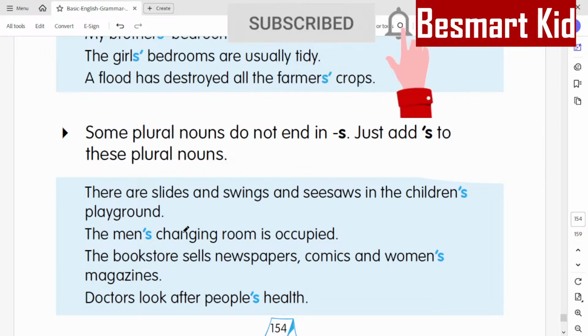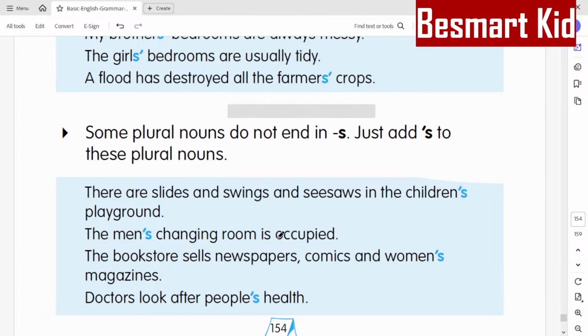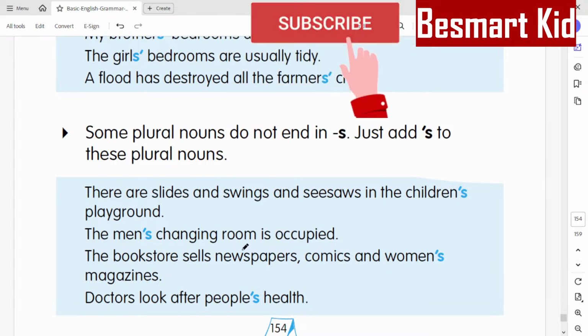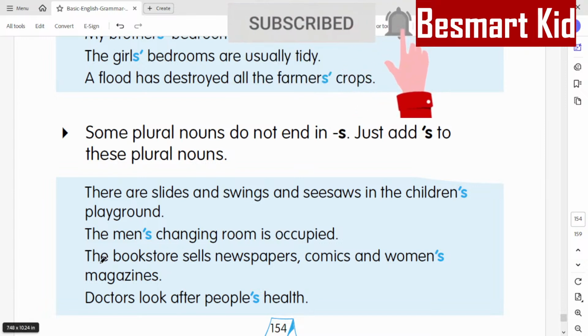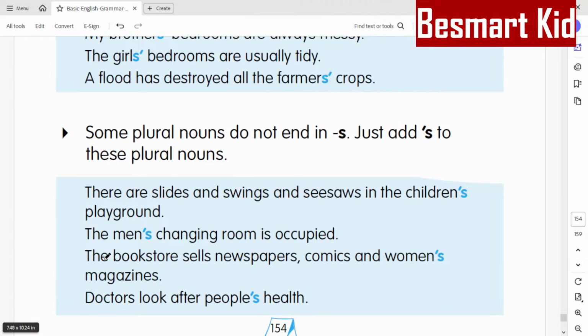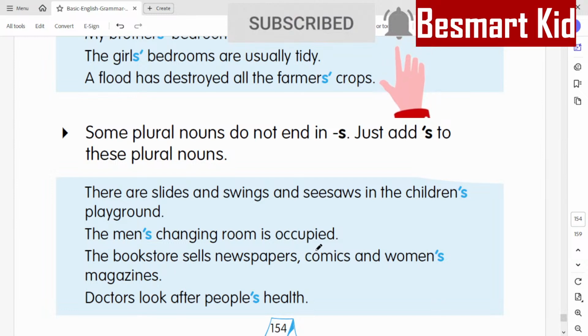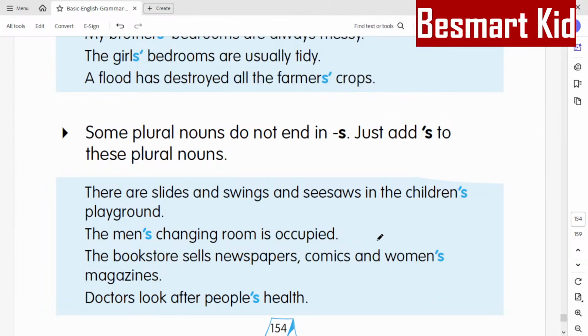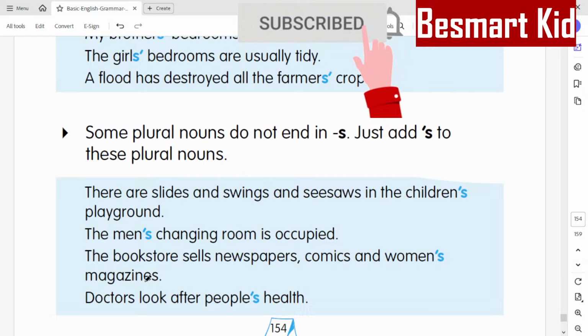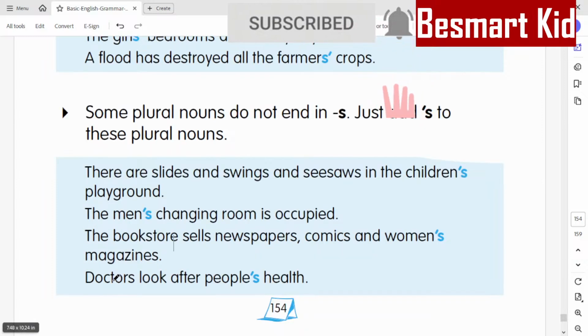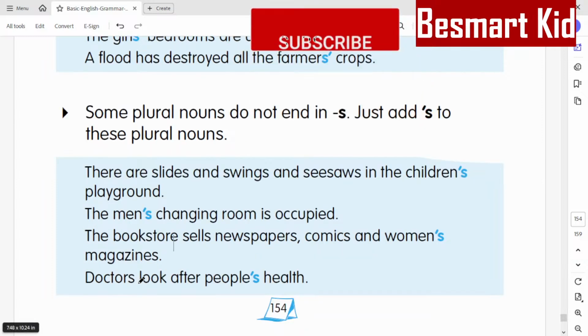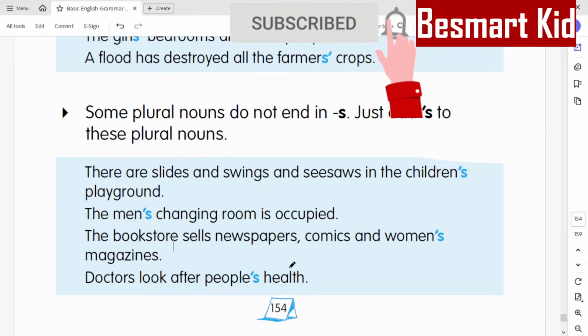The men's changing room is occupied. The bookstore sells newspapers, comics, and women's magazines. Doctors look after people's health.